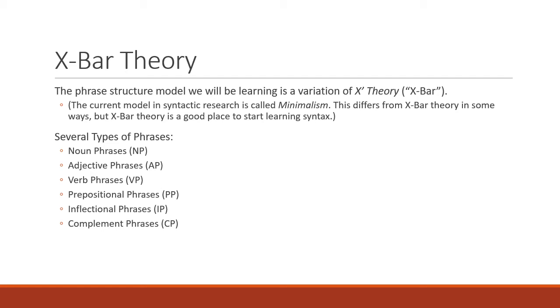The XP might be a noun phrase, an adjective phrase, a verb phrase, a prepositional phrase, an inflectional phrase, or a complement phrase. XP is a placeholder to explain the whole concept, and then you fill in the blank with whichever type of phrase matches your situation.